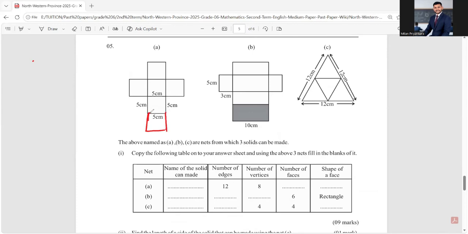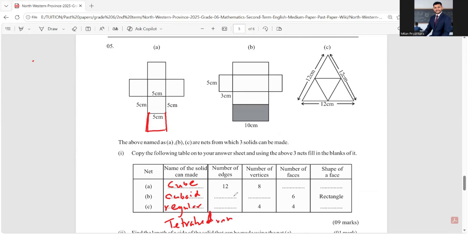So the name of the solid A should be cube. Name of B is cuboid. And the name of C is regular tetrahedron.